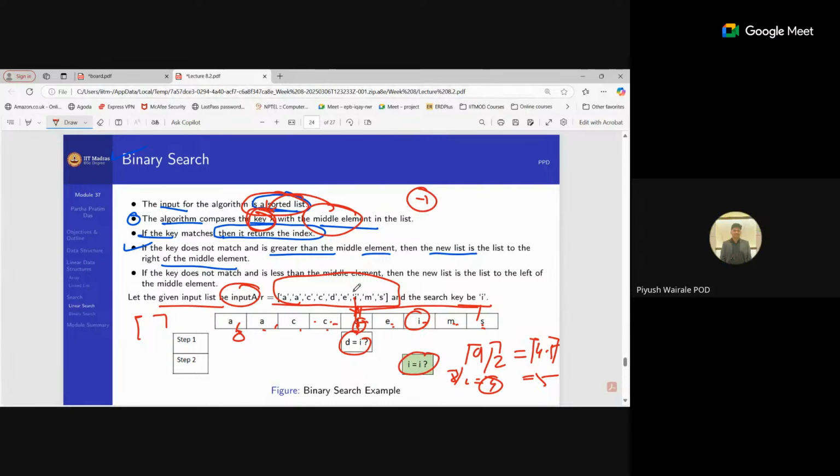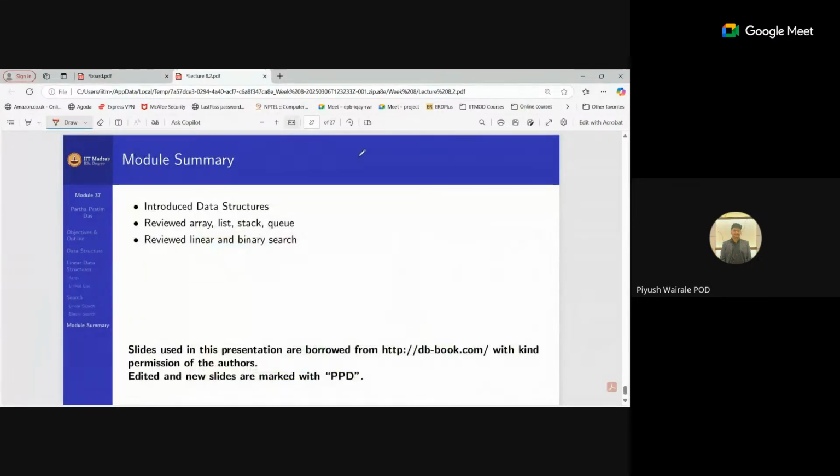Okay, now next, if you talk about a non-linear data structure, that is basically a graph, or we can say a tree, right? So let me check that part.